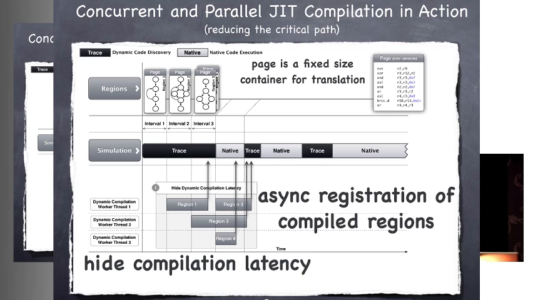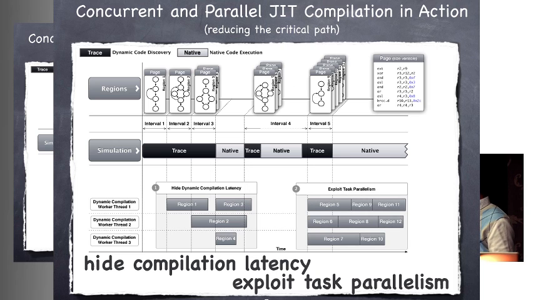Let's say you would lock; you would need to synchronize on that. That would, of course, slow you down. So the registration of compiled regions is asynchronous, and the execution loop will, in time, discover that something has been compiled, and then can transition into native mode.